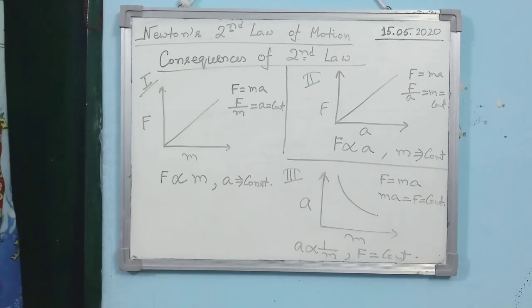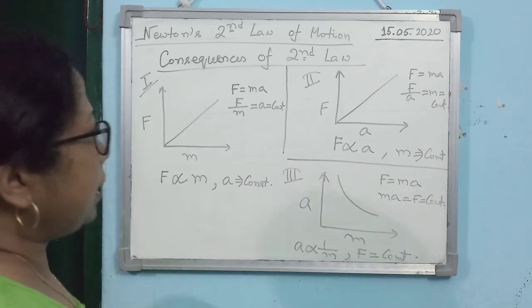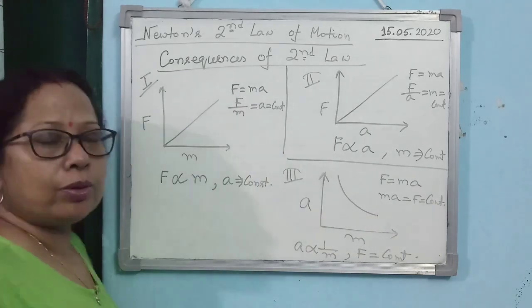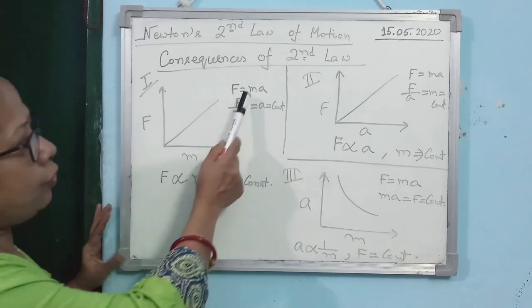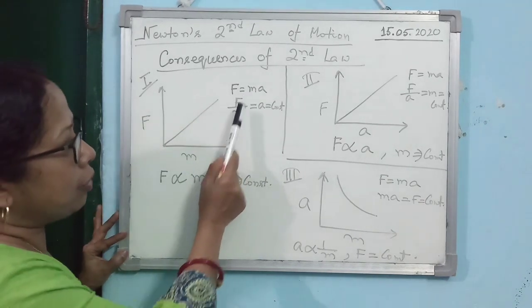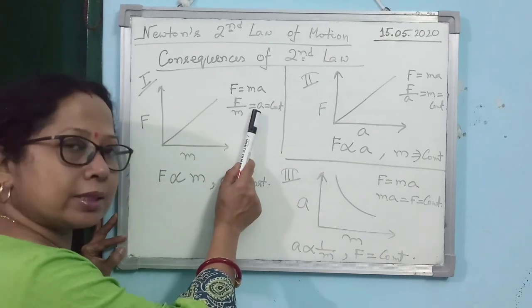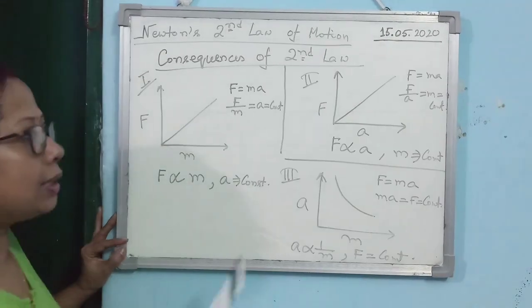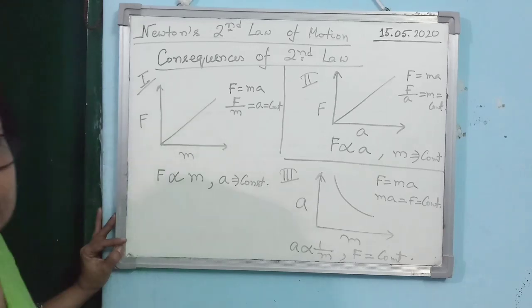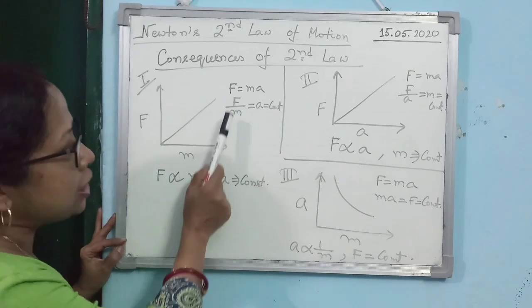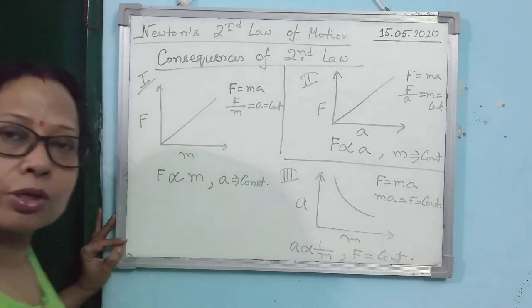Now what are the consequences of the second law? Force is mass into acceleration. So if you take m to this side, it becomes force by mass, so force by mass is equal to acceleration. Now let us consider that acceleration is constant. Then the ratio of the two quantities is constant.